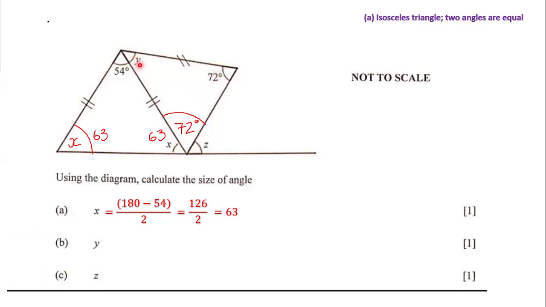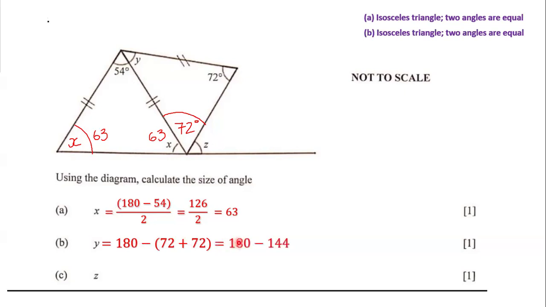What we do know is that angles in a triangle must add up to 180 degrees. And so in order to figure out the size of Y, we're going to take 72 and 72 and add them. And then we're going to take that sum and subtract it from 180 degrees. And so we have that Y is equal to 180 degrees minus 72 plus 72.